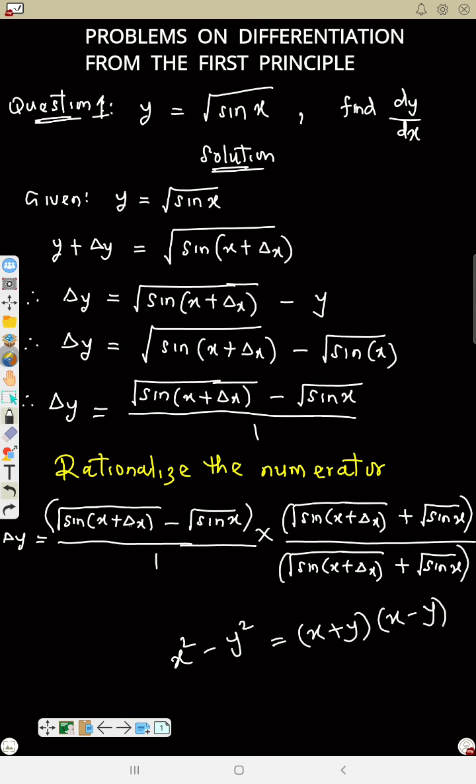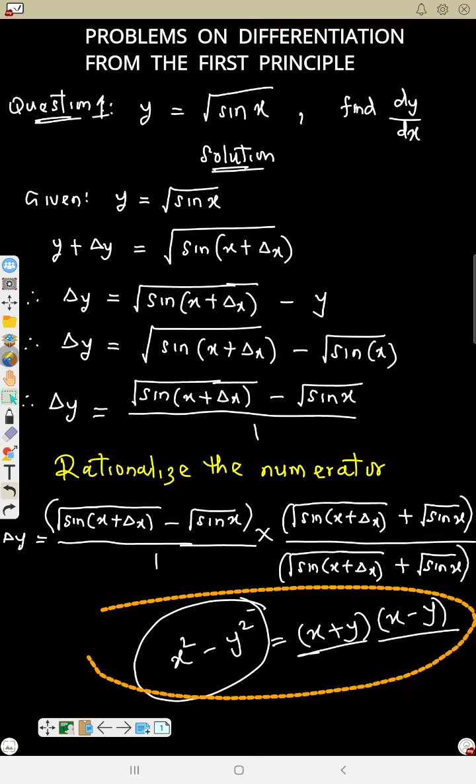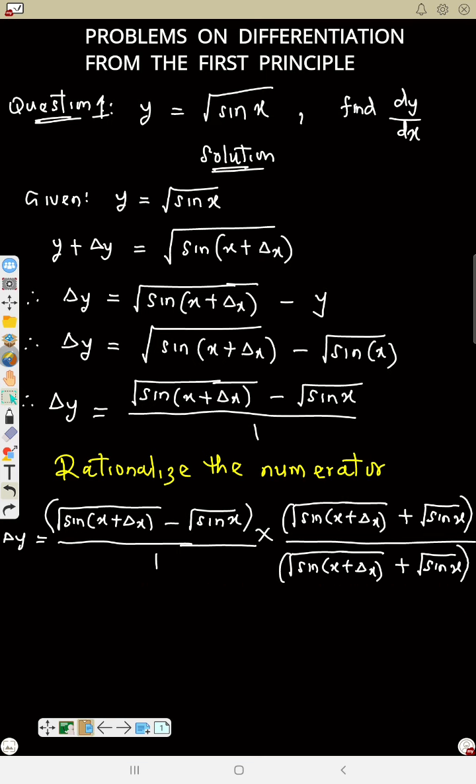Now if you look at this upper one, we have square root of sine of x plus delta x minus square root of sine x, and again square root of sine of x plus delta x plus square root of sine x, just like x plus y, x minus y. So we change it to x squared minus y squared. That is how I will multiply the numerator.